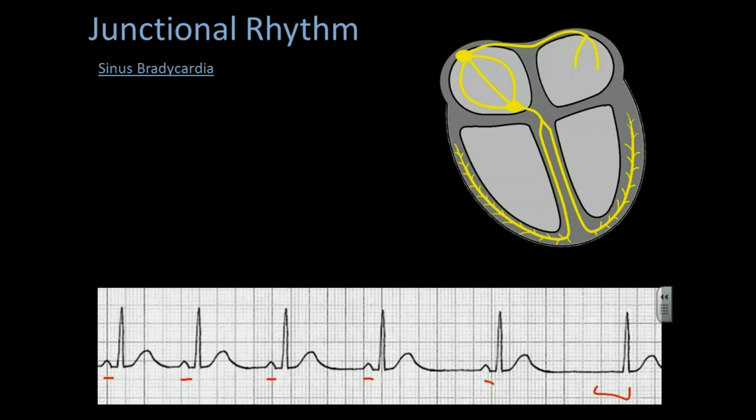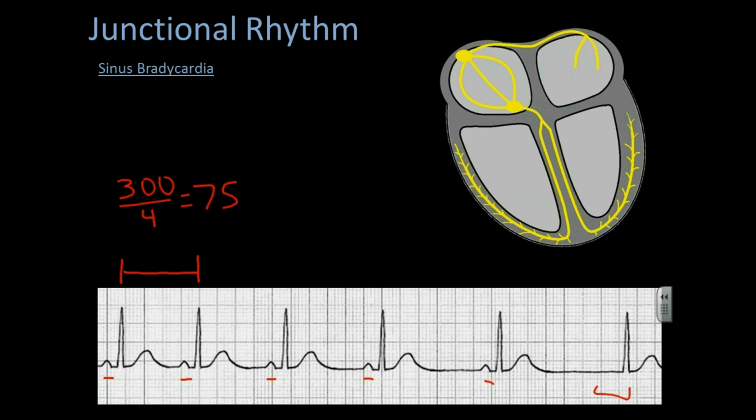Well, let's take a look at the rate. So, the patient is in sinus rhythm. This is the first R to R interval that I see, and it looks like there's about 4 large boxes in there. So we'll take 300 and divide it by 4. That's going to come out to be 75 beats per minute.